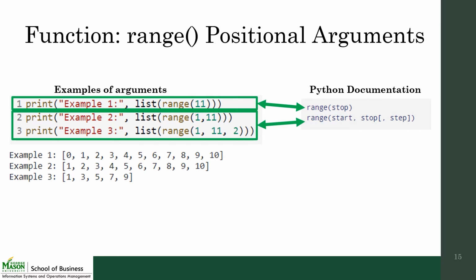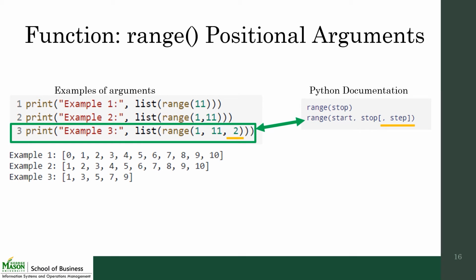Technically, these statements you see in lines 1, 2, and 3 involve 3 functions each: the print function, the list function, as well as the range function. Each function has at least one argument being passed in. Example 3 shows the range with the step parameter. The output is shown to be every other number in the sequence because the step is equal to 2.